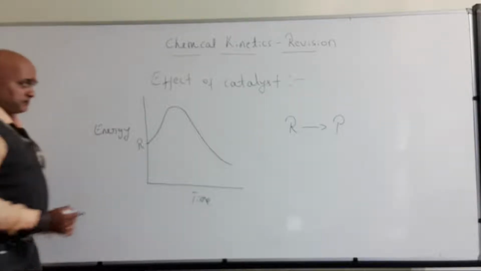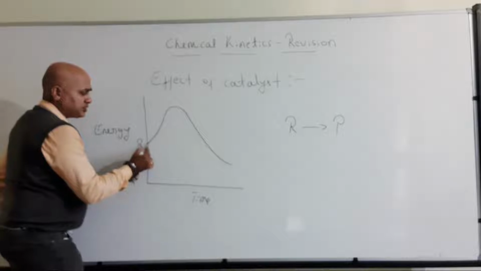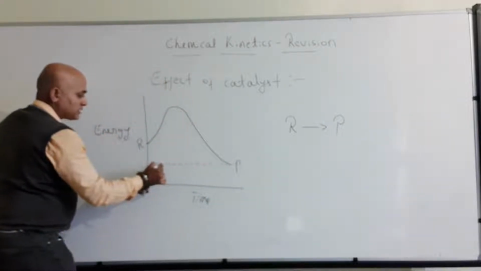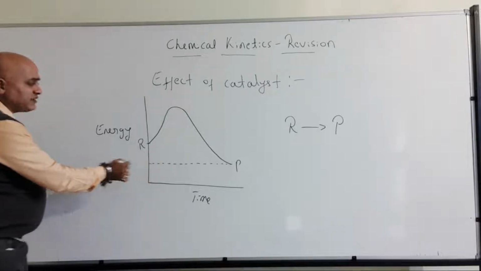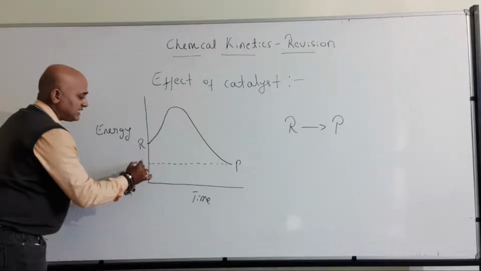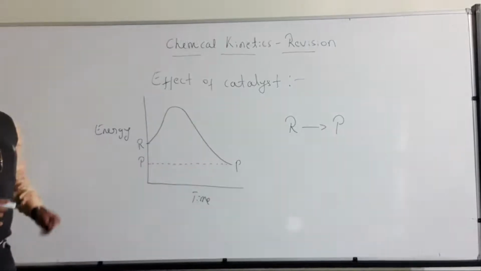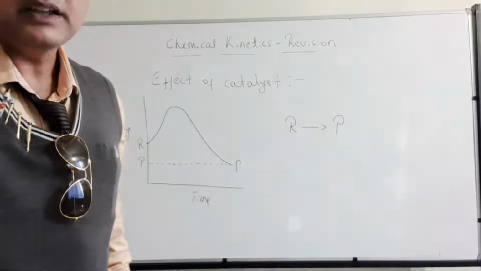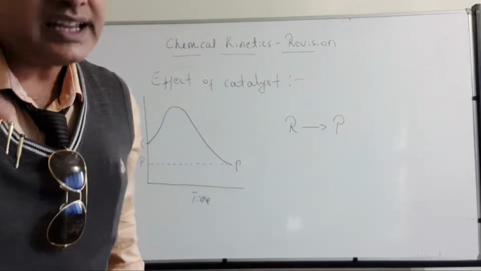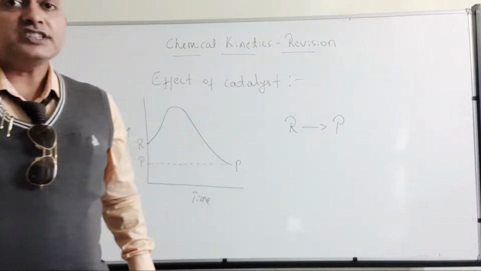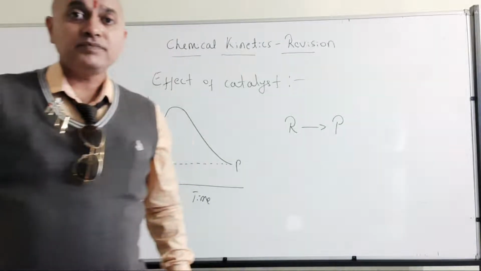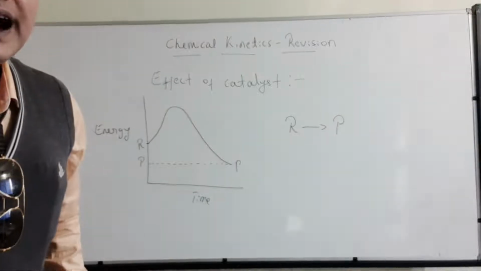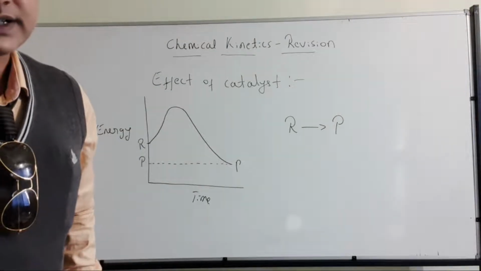Now, if you observe, the reactant position is somewhere here, and this is related to the product, so its energy is somewhere here. Which is at the higher level, reactant or product? You can just mention R or P. Which is at higher energy according to this graph, reactant or product?